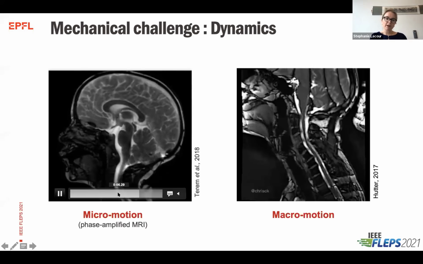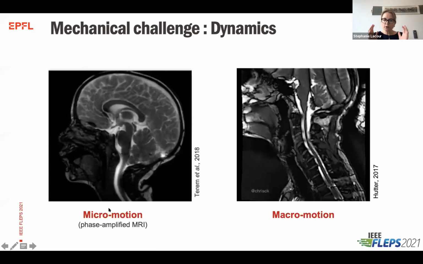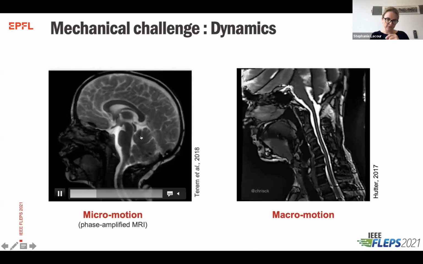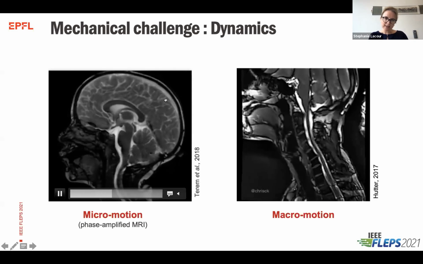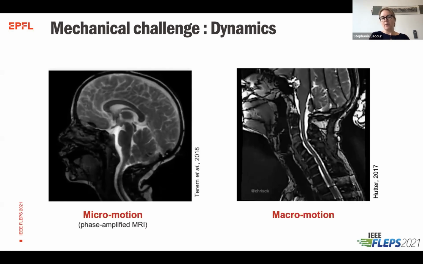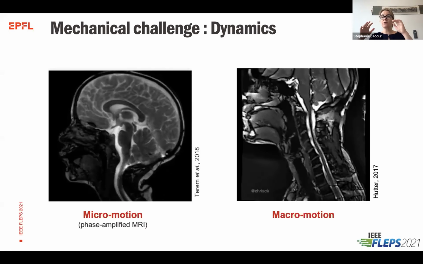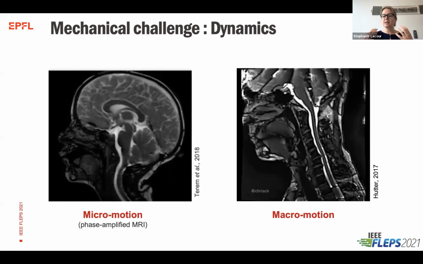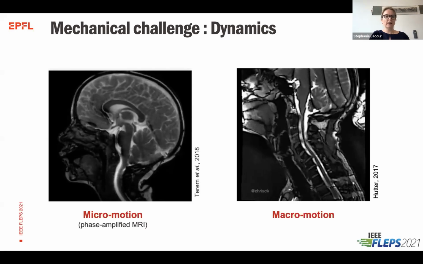And here on the right-hand side, you see there is much less motion compared to the macro motion here. This is an enhanced phase amplified MRI, but yet you can see that even at the surface of the cortex, you constantly have tiny or micro motion. So that means that you have a device that is sitting at the surface of the brain. It has to actually accommodate and move along with the underlying brain.